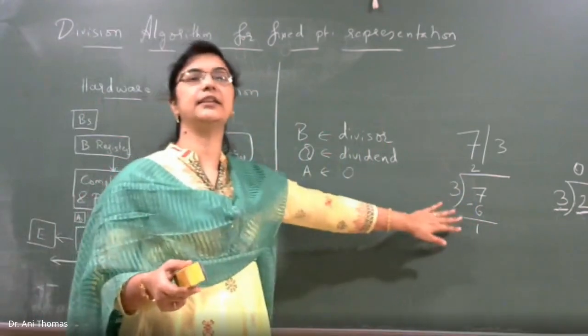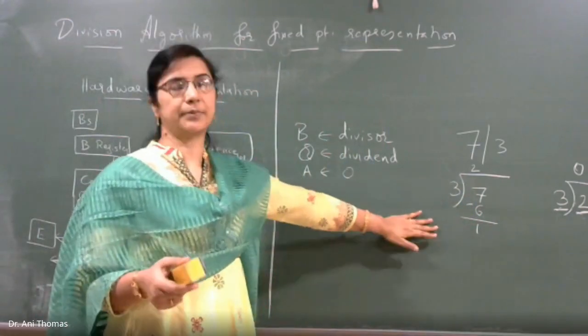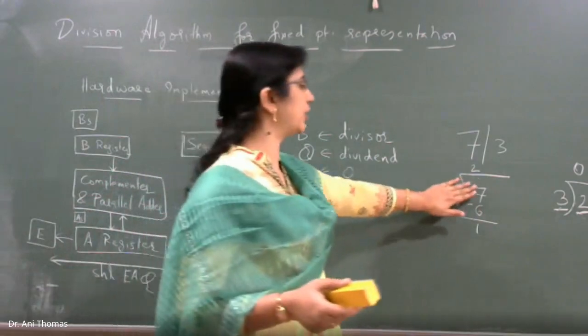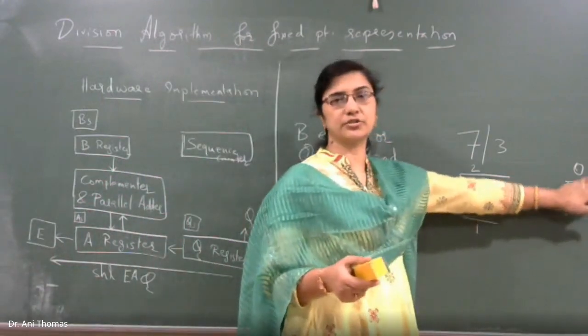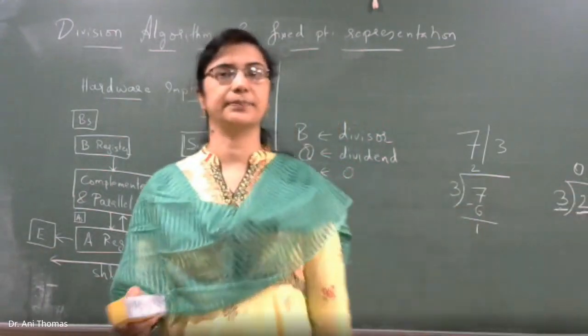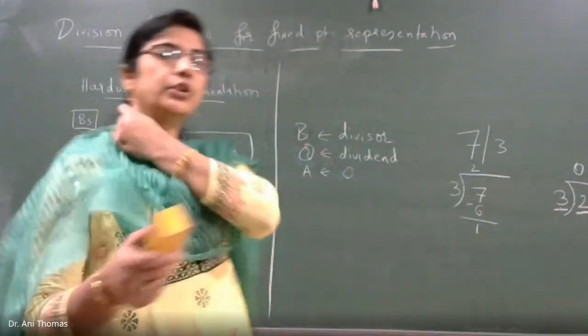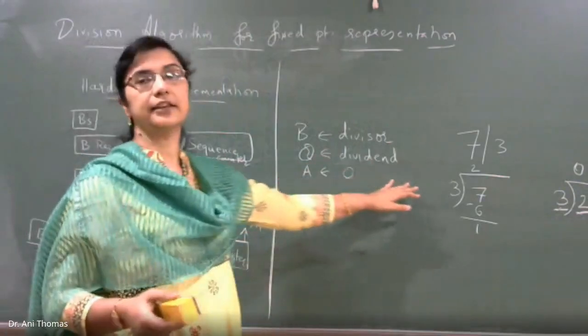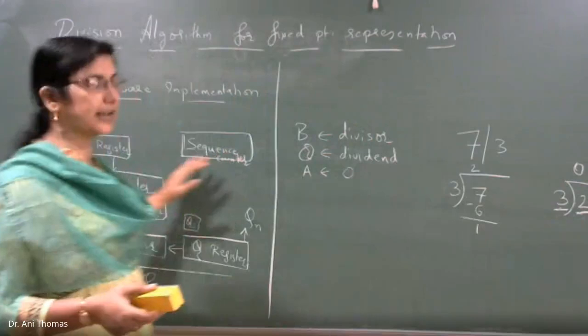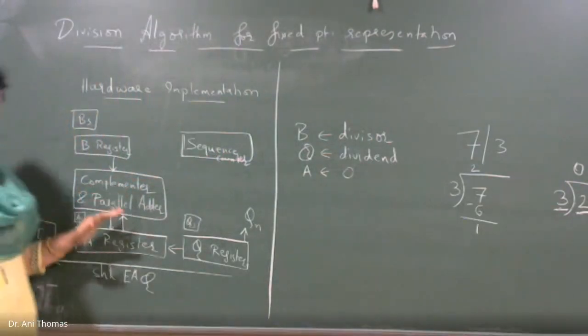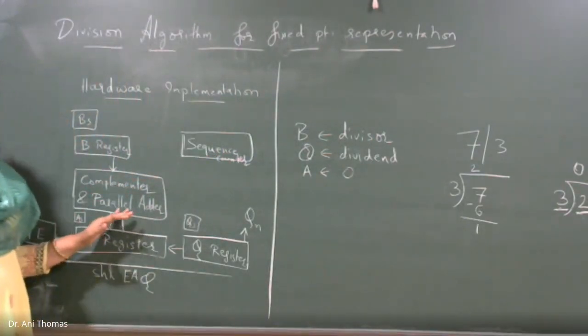For all the digits, we are doing the subtraction. If the digit is smaller, then we don't do the subtraction. We take the next digit also and then subtract it. So for all the digits of the dividend, we have a subtraction operation, and that is done by the complementary and parallel adder.